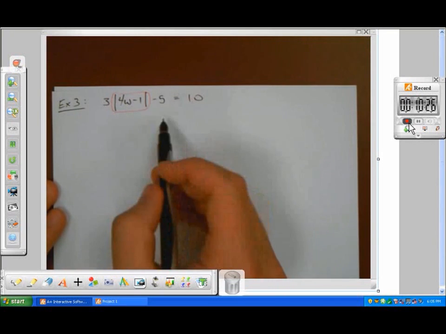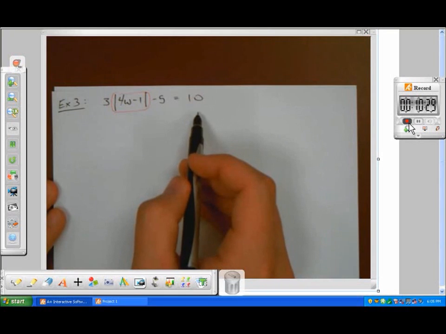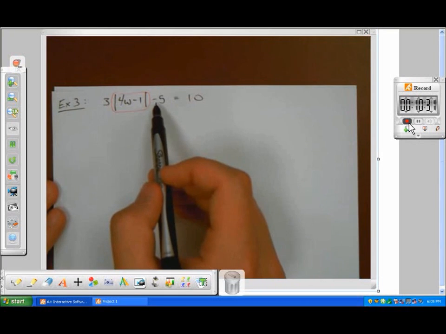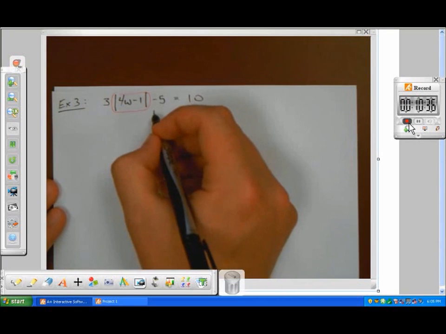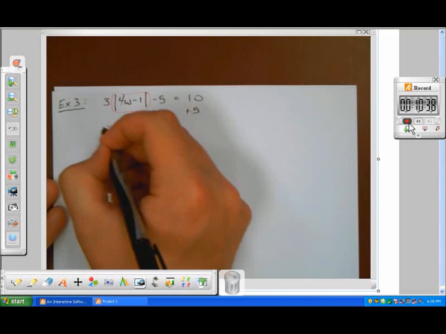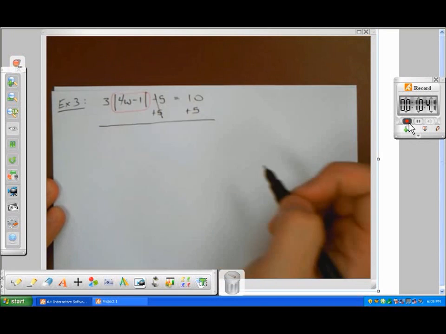To get rid of it, we're going to do the same thing to both sides of the equation. We're going to start with the addition or subtraction, and then we'll take care of the multiplication. So the first thing is we're going to add 5 to both sides. These cancel.